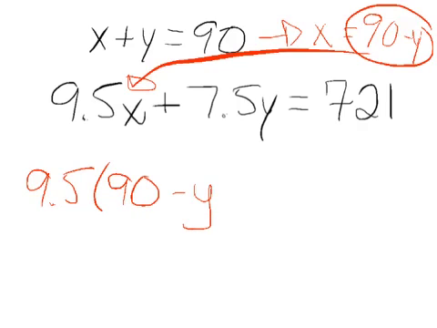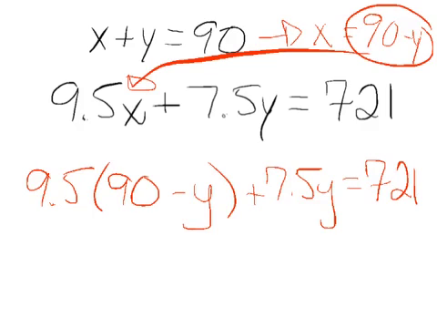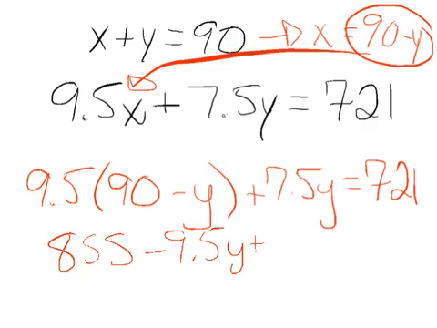9.5 times quantity 90 minus Y plus 7.5Y equals 721. 9.5 times 90 is 855 minus 9.5Y plus 7.5Y equals 721.